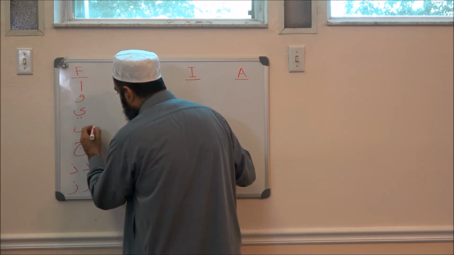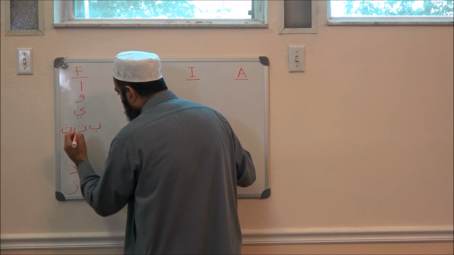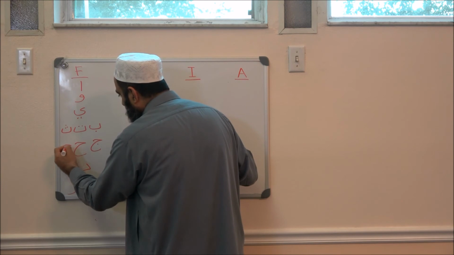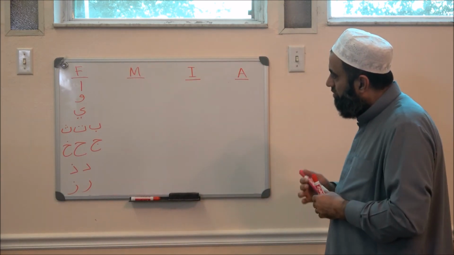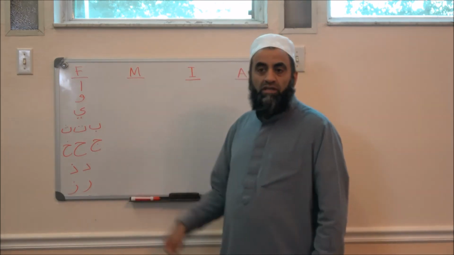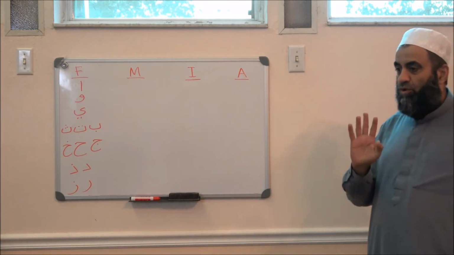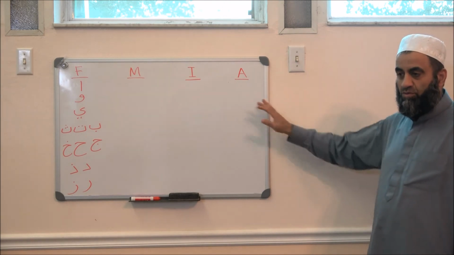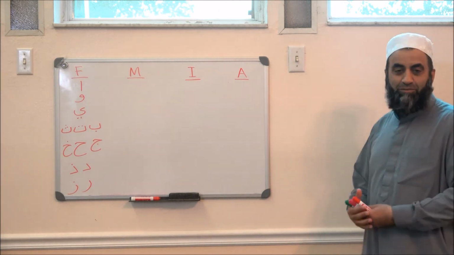Let me put all of them, it's okay. Ba, Ta, Tha, Ja, Ha and Kha. So how many letters we covered thus far? 3, 6, 9 and 4. 13 letters, and we are only two classes in. We are almost half of the letters, alhamdulillah. So we are doing very well. Okay, so this is our bank, mashallah guys, you're getting rich.